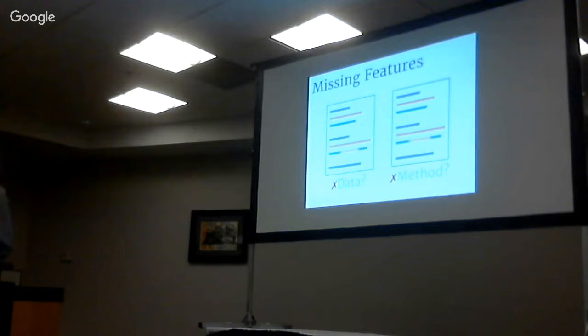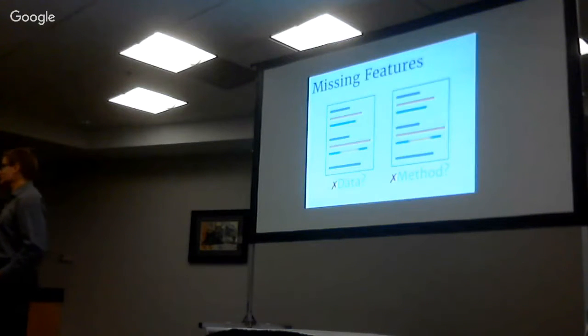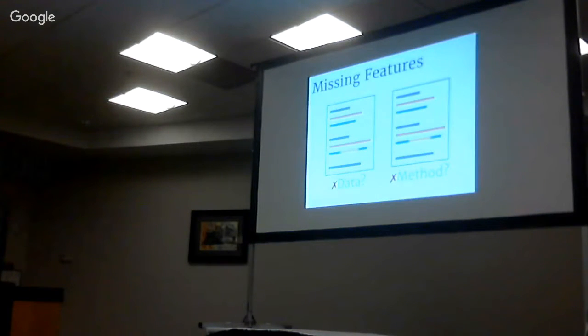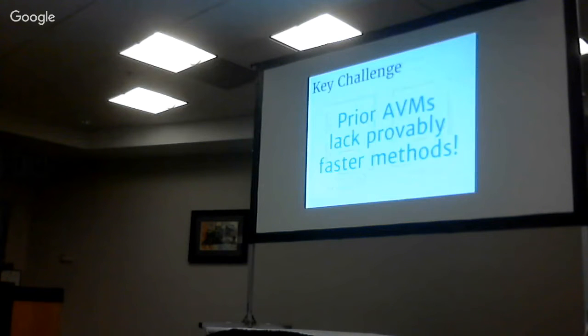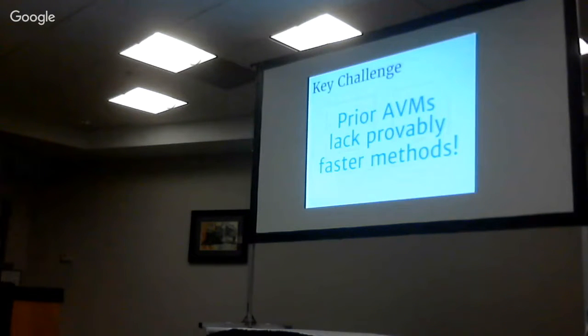And sometimes the answer to that question is no. Additionally, you might ask yourself the question, hey, do existing AVMs provide all of the search methods that are provably faster for unimodal landscapes? And sadly, I found the answer to that question is also no. So the key point here is that prior AVM implementations lack provably faster methods, and we'd like to be able to bring those into the mainstream so other people and researchers and developers can use them.